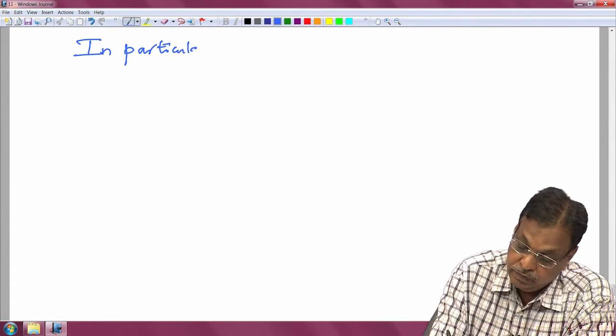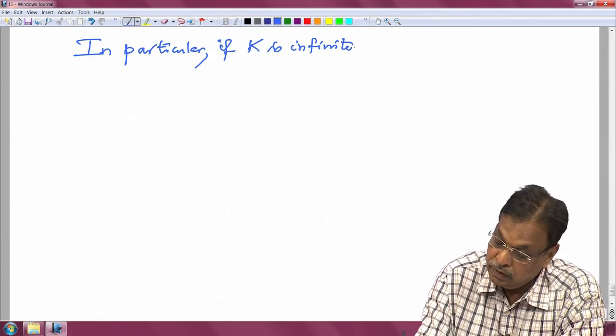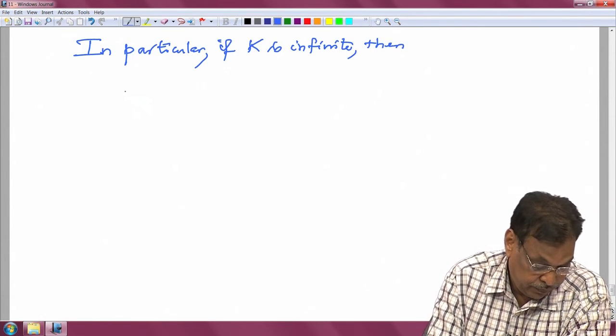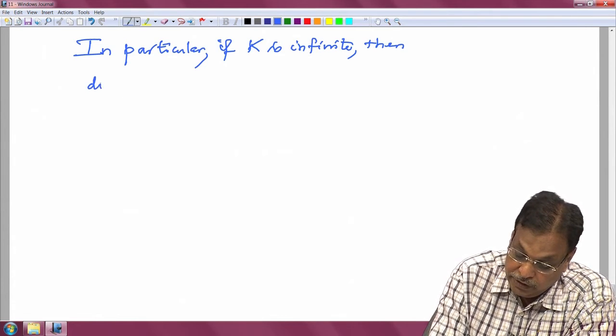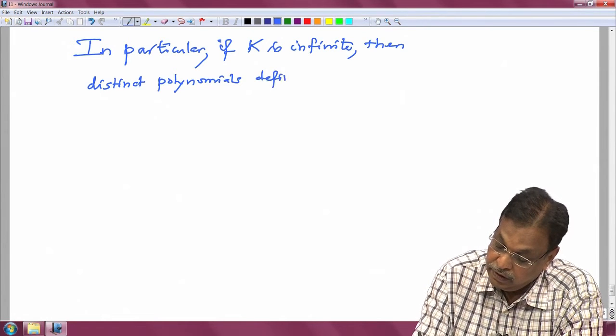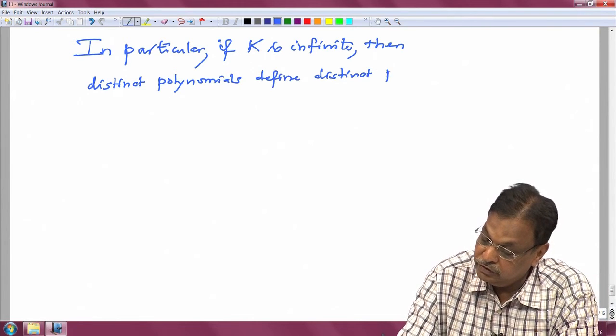If K is infinite, then distinct polynomials define distinct polynomial functions.